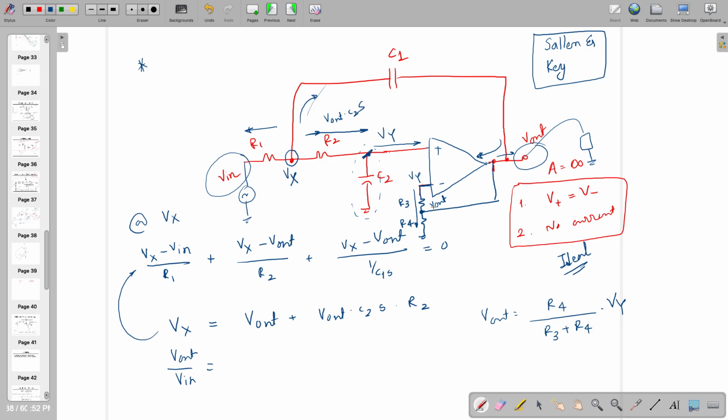But if Vy is lesser than V out, there will always be a tendency that current will try to flow inside the op amp. That is possible if the op amp is not ideal. As long as you are saying that it is ideal, nothing will go here and there.